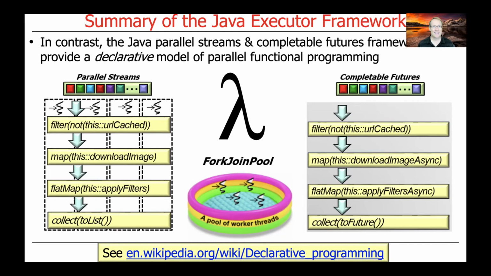In contrast, the Java parallel streams and completable futures frameworks provide a declarative model of parallel functional programming. This model is fundamentally different in many ways from the concurrent object-oriented model that the Executor Framework provides. And quite frankly, if you're doing modern development, you're more likely to use either parallel streams or completable futures, or, as is increasingly the case, something like the reactive streams model, which we've talked a little tiny bit about here.